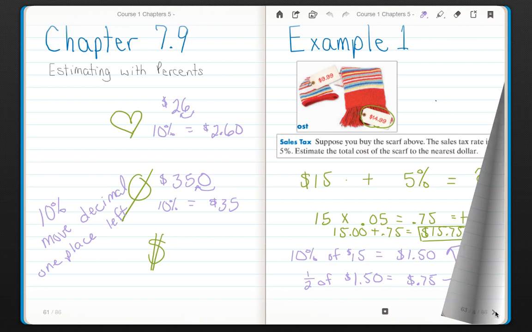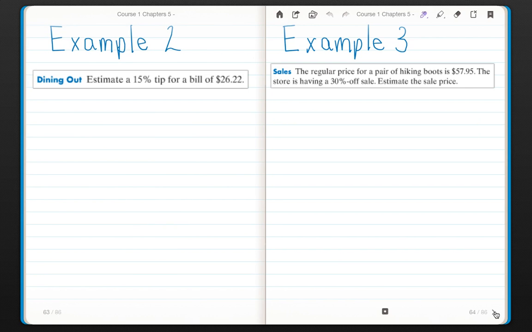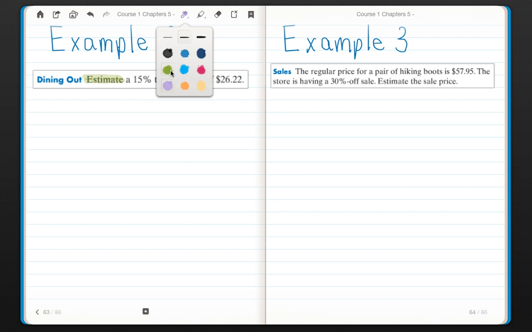Example 2 talks about going to a restaurant. Estimate a 15% tip for a bill of $26.25. Now, the keyword here is estimate. The 15% needs to stay the same, but we can estimate the $26.25.